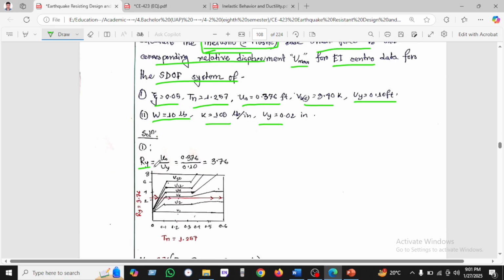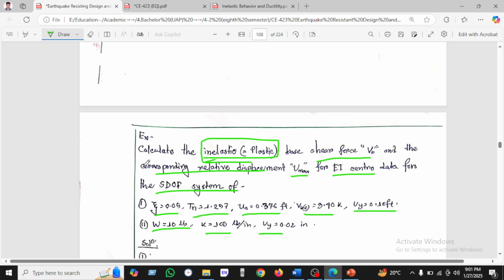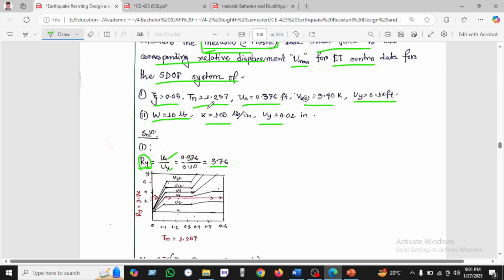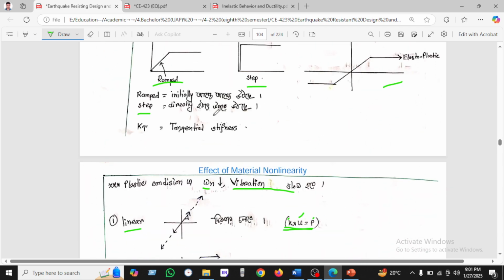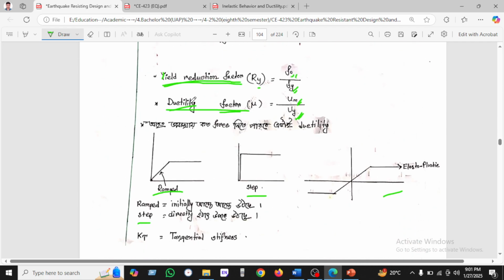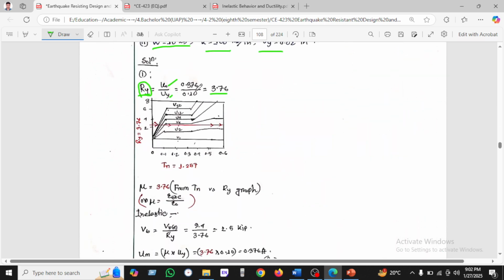We have Ry equal to U naught divided by U ultimate, which is 3.75. This is the yield reduction factor. As per this graph, for 3.75 we found T equal to 1.275, intersecting at this point. Okay.